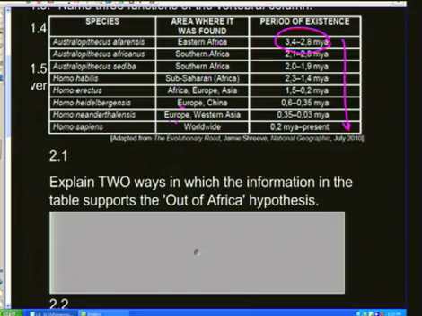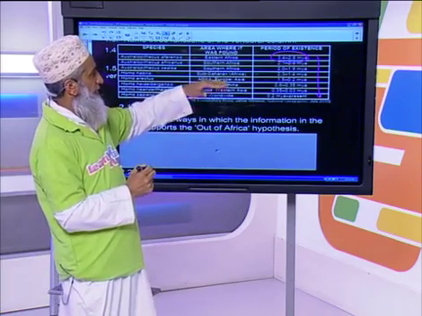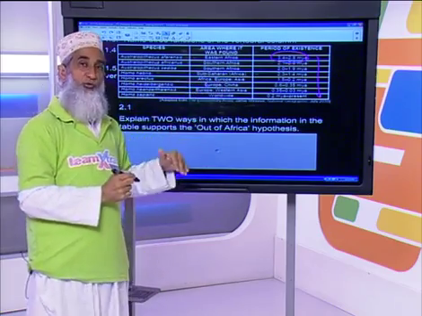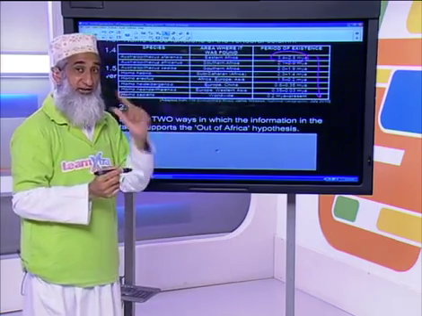What else can you see? The one you said is right. The most recent ones are worldwide, showing that they begin in Africa and now they separate. Excellent. I didn't even see that one. What that is telling us is that the more recent ones are more concentrated in the rest of the world, meaning that they developed from the African ones.